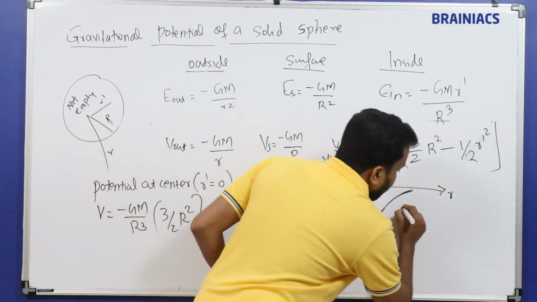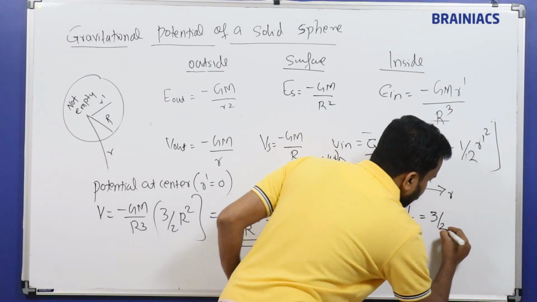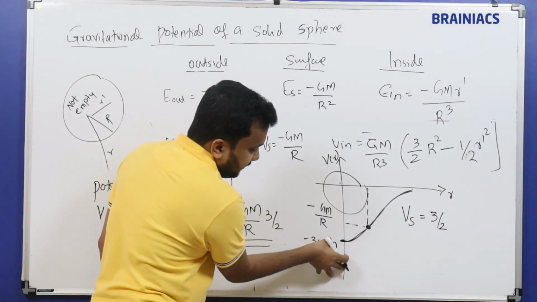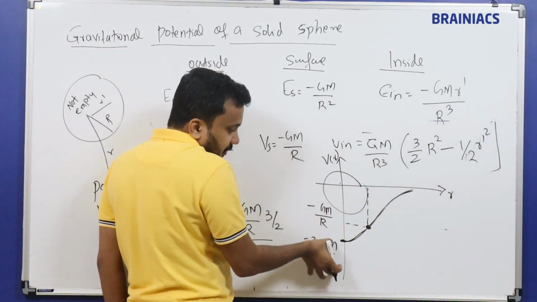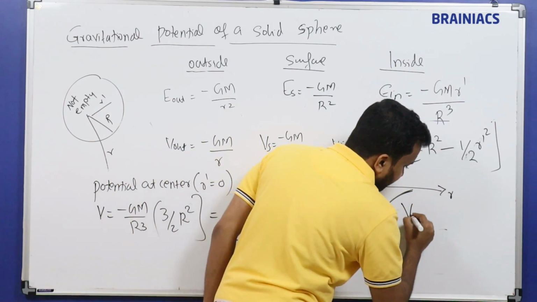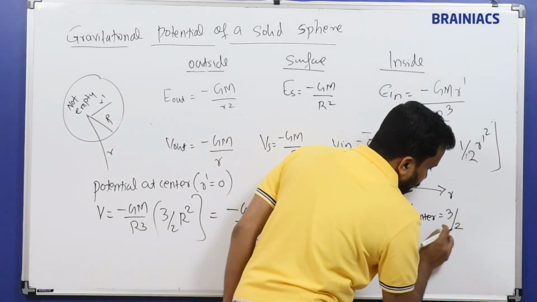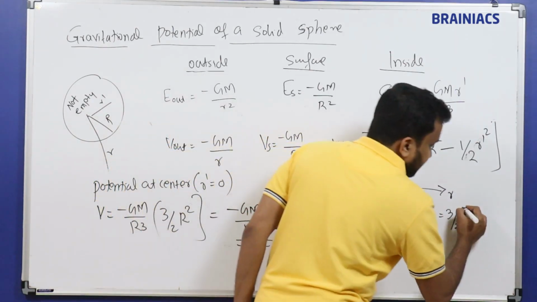So I can say the GM by R whole term is called potential at surface. So potential at center is equal to 3 by 2 times, what is this GM by R? GM by R is called potential at surface.